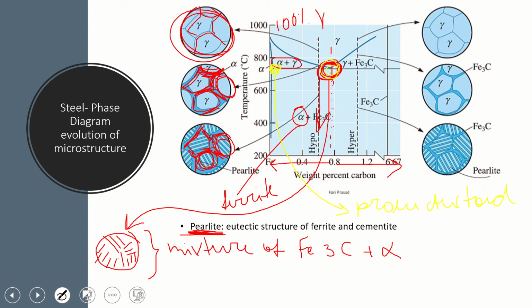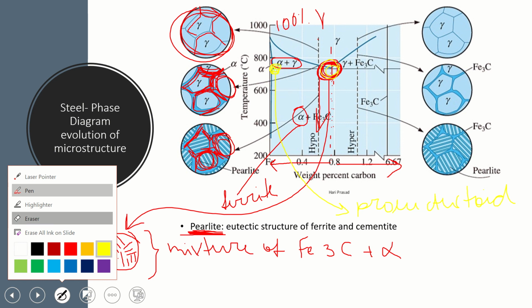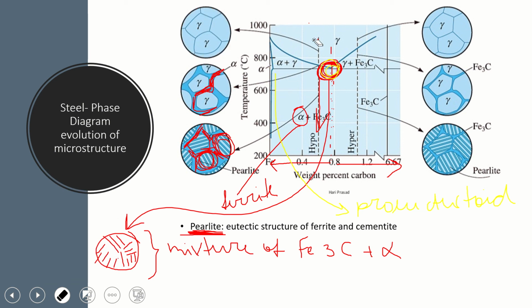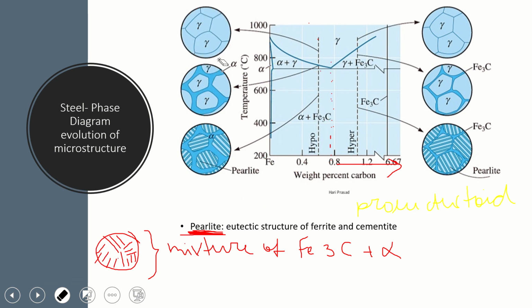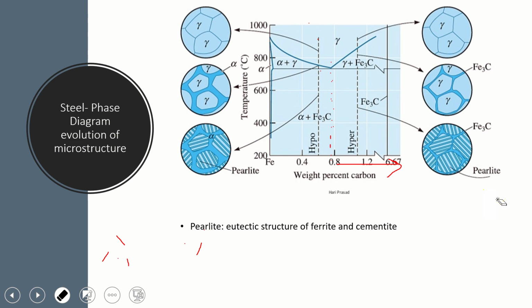So now that we took a close look at the hypoeutectoid area, let's go ahead and focus on the hypereutectoid area. So now we also have 100% austenite, the same microstructure as before, but now as you lower the temperature, you start getting concentrations of cementite in the same place where the grain boundaries were.